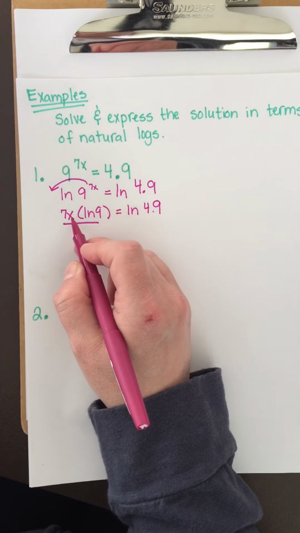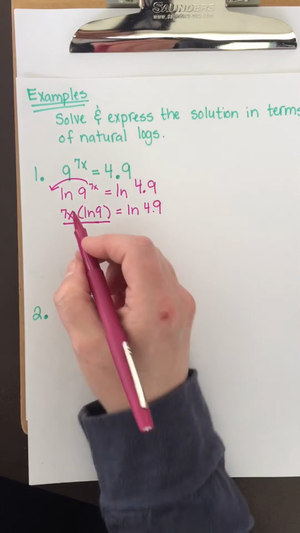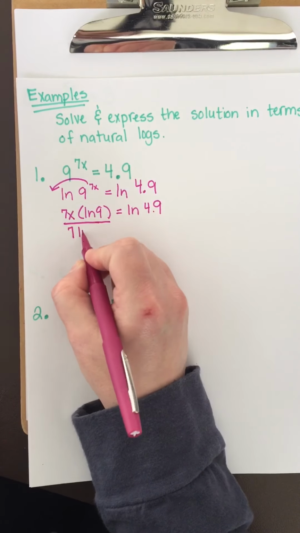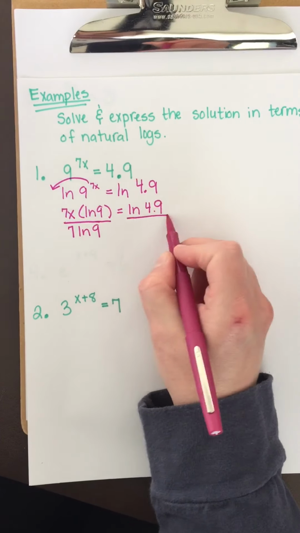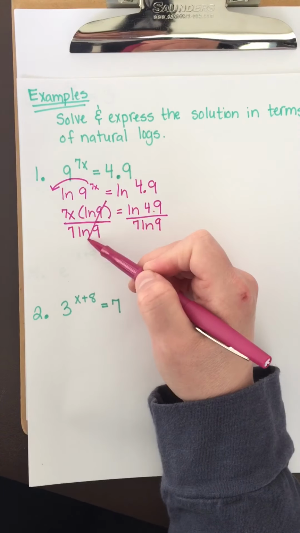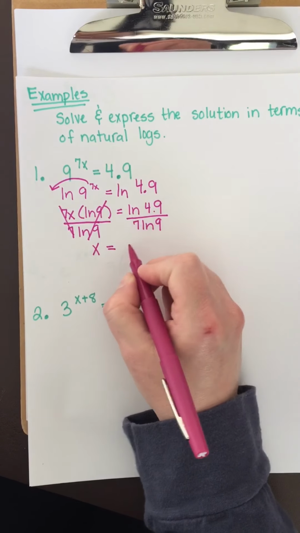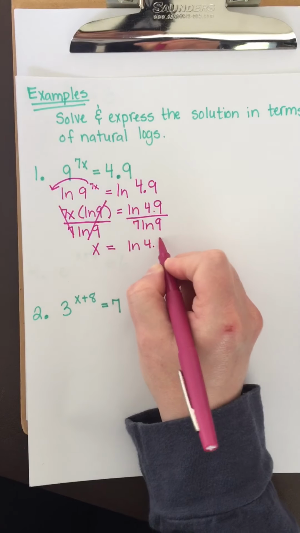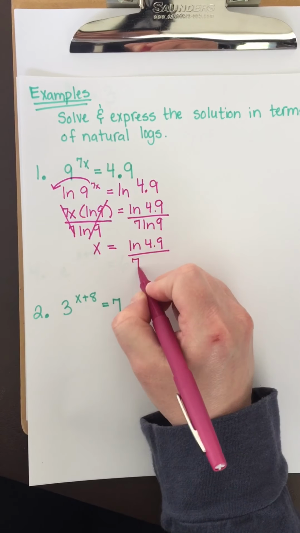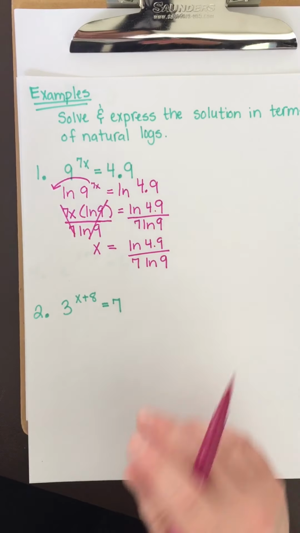Now x is being multiplied with the 7, so I'm going to divide by all that at one time. So 7 natural log of 9. Do it on the other side. All right, so the natural log of 9 will cancel, the 7's will cancel. And we get x is equal to the natural log of 4.9 divided by 7 times the natural log of 9. And I'm going to leave it just like that.